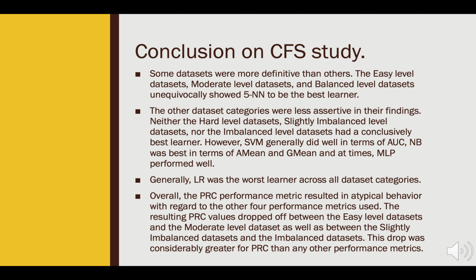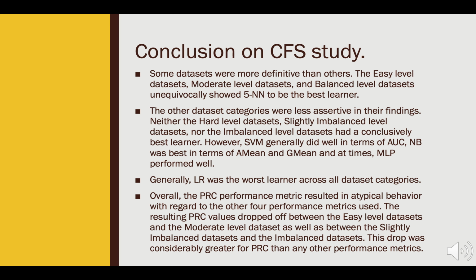The easy level datasets, moderate level datasets, and balanced level datasets unequivocally showed 5NN to be the best learner. The other dataset categories were less assertive in their findings. Neither the hard level datasets, slightly imbalanced level datasets, nor the imbalanced level datasets had a conclusively best learner.